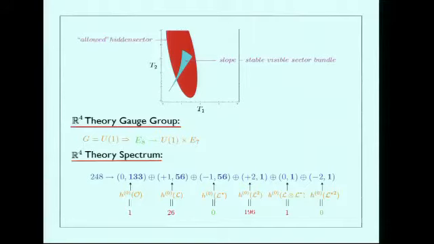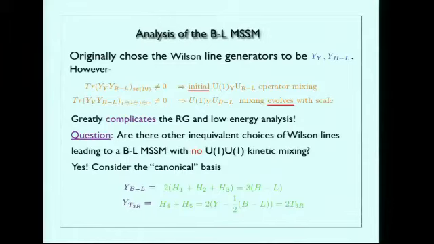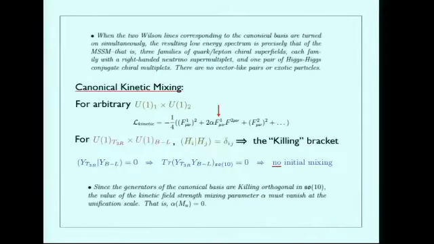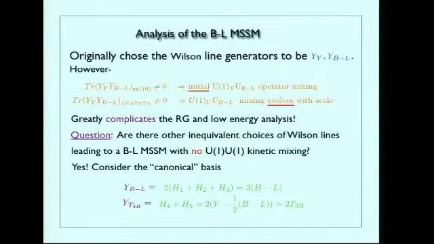Okay, so what I'd like to do is analyze this, what I'll call the B minus L MSSM, which is this original theory on the observable sector, which has this extra gauge B minus L. The original generators were these.